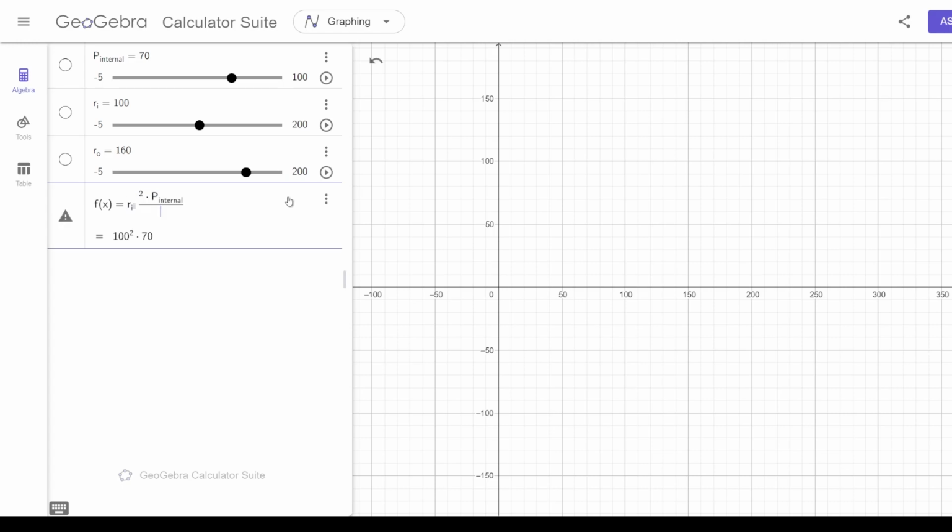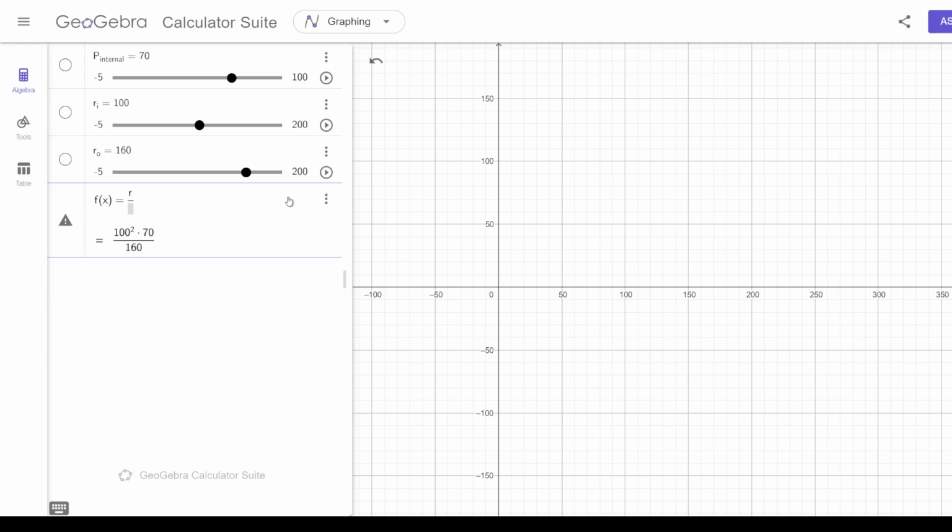It's not letting me, so let me just start from the beginning. Just bear with me. So now it's better like this: r internal squared times p internal divided by the difference of the squares.